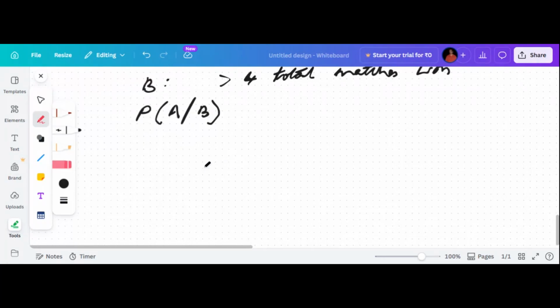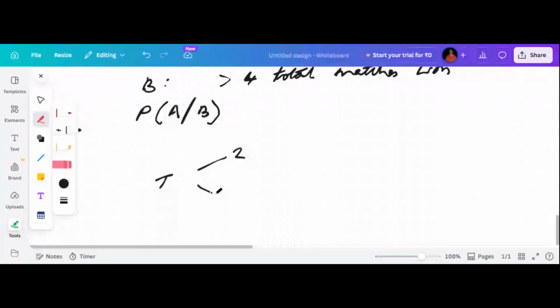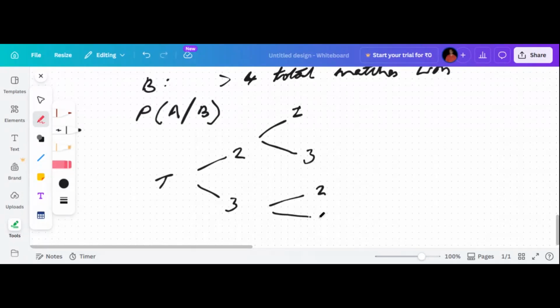Tom won 2 or 3, and Claire won 2 or 3. So we will take this option and this option.